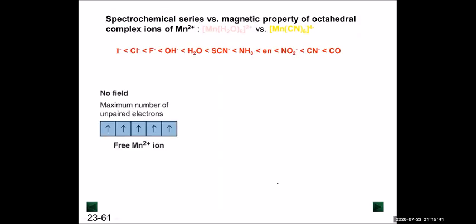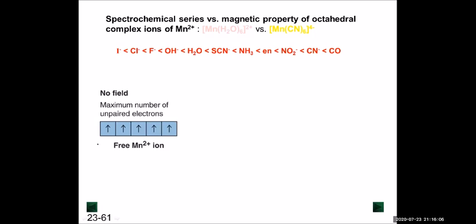And so here's the example for manganese 2+. For manganese 2+, we decide first the electron configuration for the manganese 2+ charged ion. With no ligands bound, the configuration should be 3d5, meaning 5 unpaired electrons.